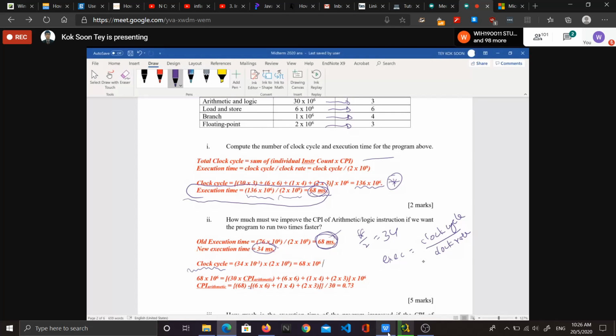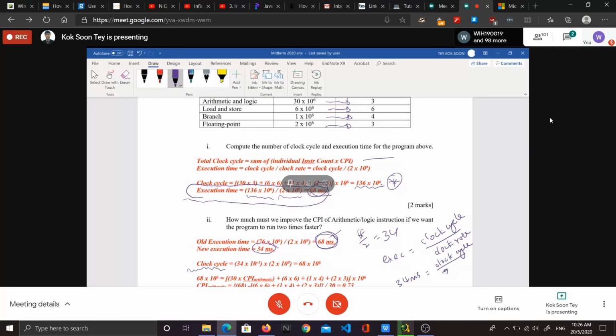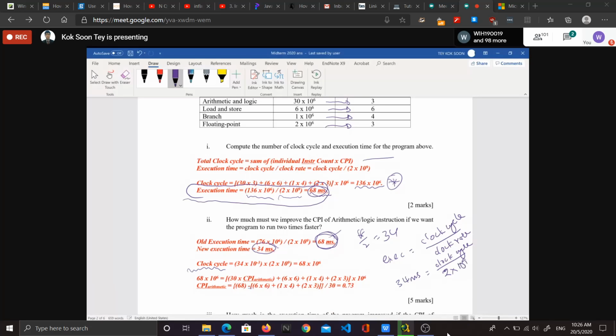So now you have the new execution time, which is 34. Then the clock rate is 2 GHz. Right? So you get your clock cycles equal to 68 mega. After you get 68 mega, use this formula again. So the rest is the same.